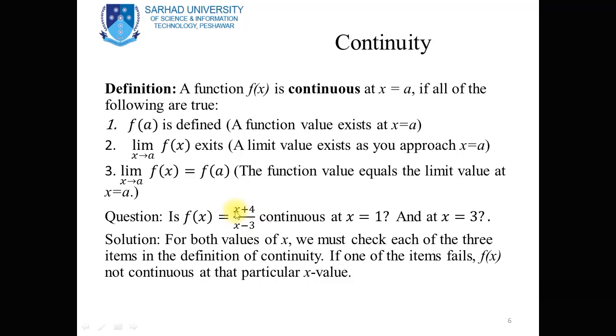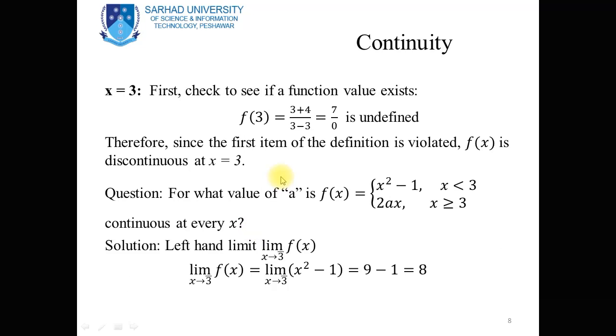Putting in this function x is equal to 3, we get 3 plus 4 and 3 minus 3. So you see 3 minus 3 is equal to 0, and any non-zero number divided by 0 is undefined. So therefore the first condition of continuity fails. So the function is discontinuous at x is equal to 3.